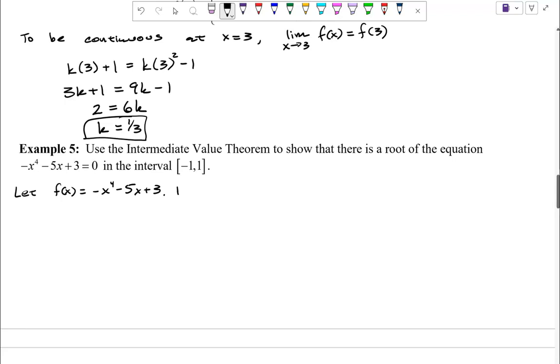And notice that f of -1 is going to equal 7, and f of 1 is going to equal -3. You can pause the video and double check those. So f of 1 is less than 0, which is less than f of -1.